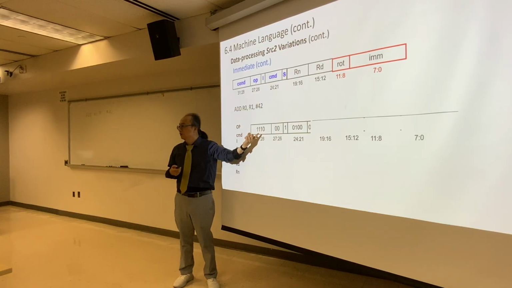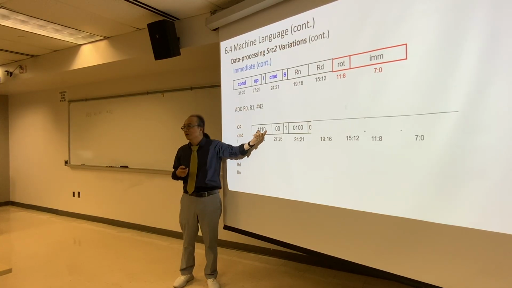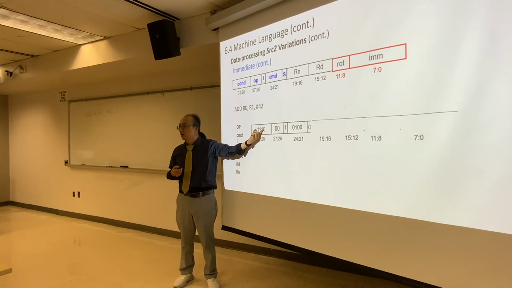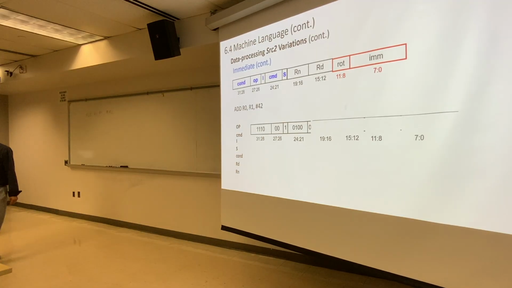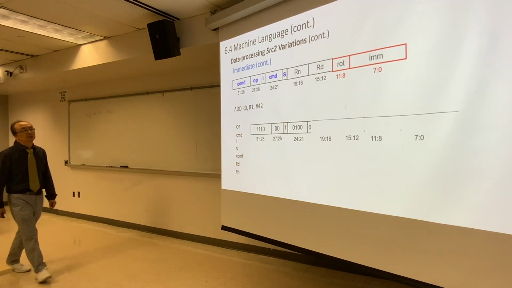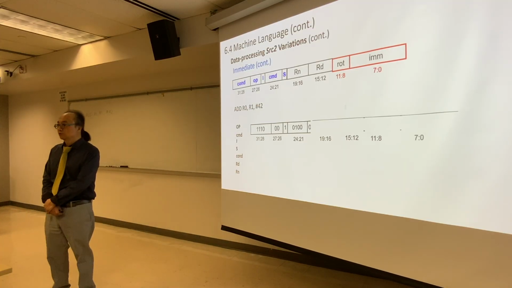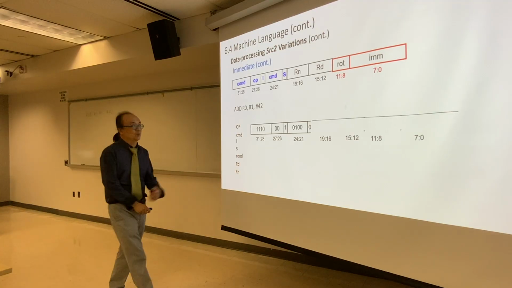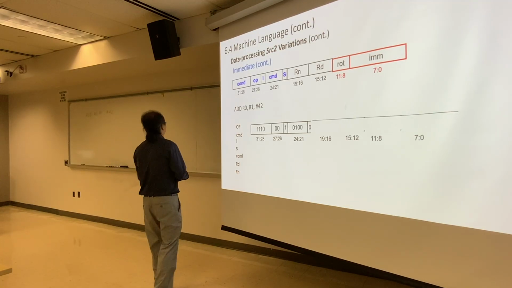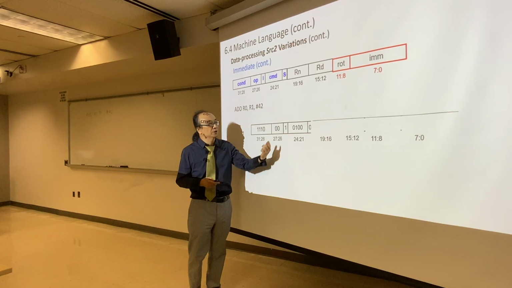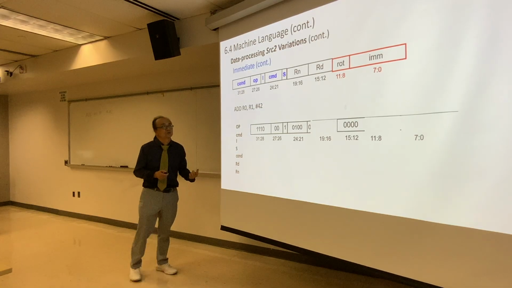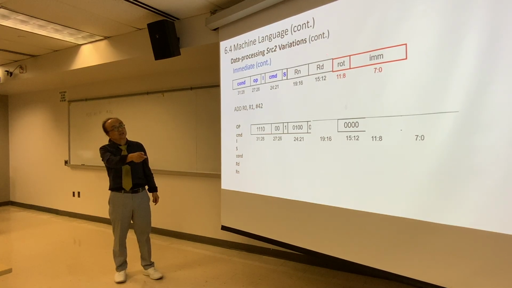It's unconditional, so it's not really applicable. And then RD, what's the value of RD? R0. We cannot put R, it's a register. R stands for register, so we just take the number 0 and put 0000 in the RD position.